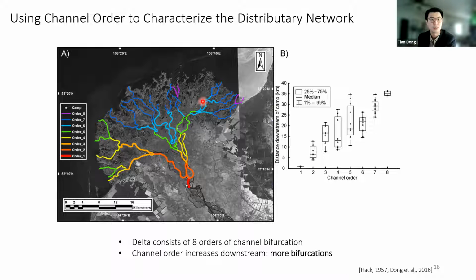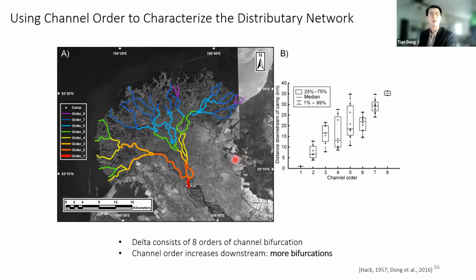We identified about 8 channel orders, and we can plot channel order as a function of distance downstream of camp. Again, camp is this white star here near the apex. What we observe is that as we move downstream, channel order increases. This just implies that as the channel moves downstream, it creates more and more bifurcation.